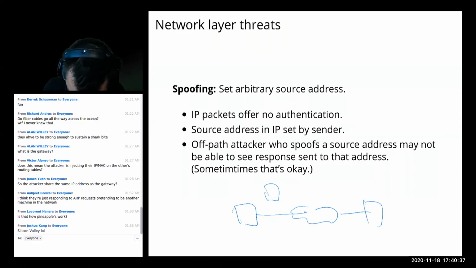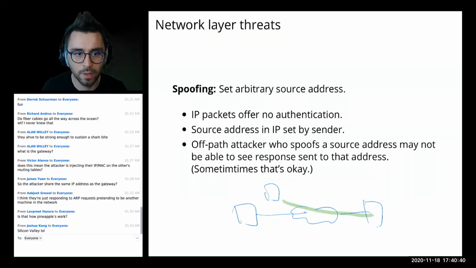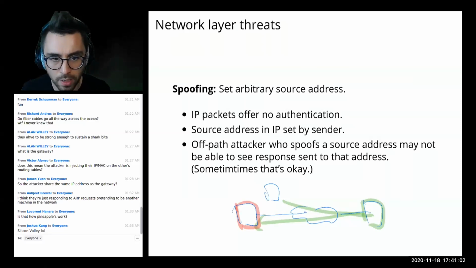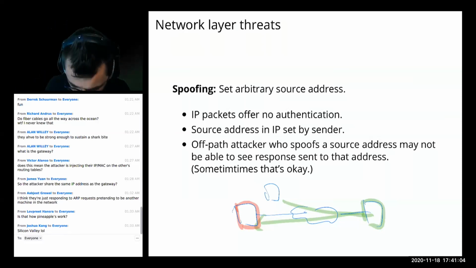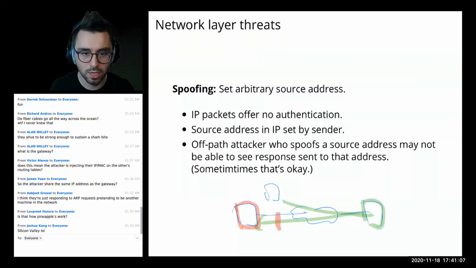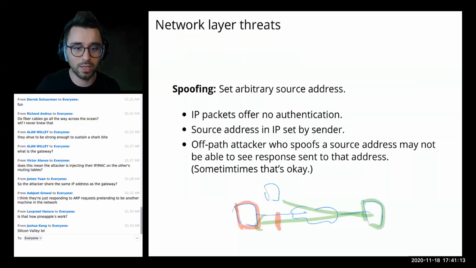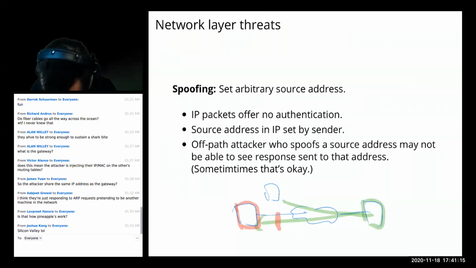But what I can do is, for example, forge the sender IP address and send this packet to the machine here on the right, and this machine might try to respond back to the other machine because I've spoofed its address when I sent the packet over, right? And sometimes that's okay. It does mean that I can't look at this response, but that might be okay, because there are certain kinds of attacks that I can carry out without looking at the response just by sending clever requests.